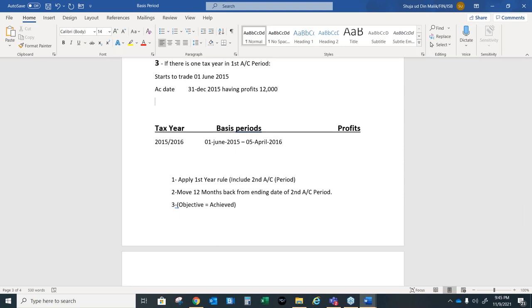Okay, we need to have another period for this, and that period is 1st January 2016 till 31st December 2016, having the profits of 24,000.